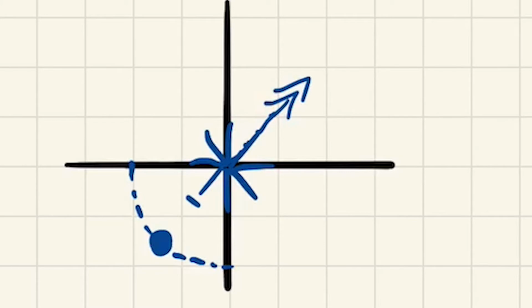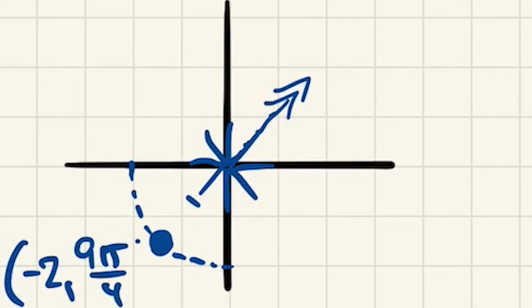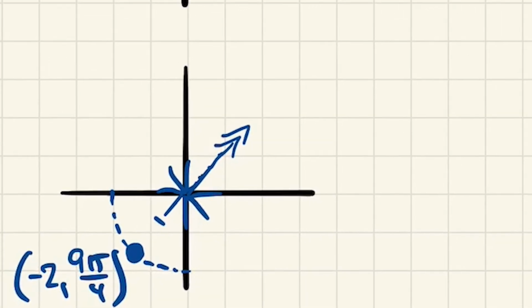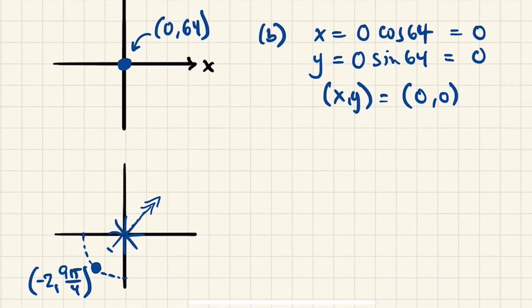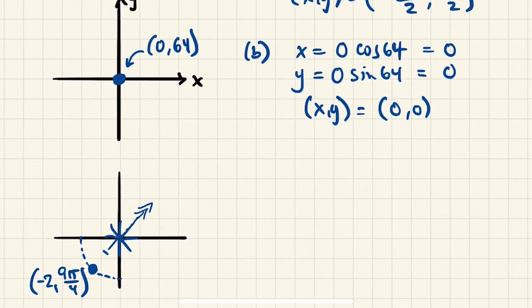So there's 1 unit, 2 units. So this would be negative 2, 9 pi over 4. Even though the direction 9 pi over 4 is a first quadrant angle, this actual point is in the third quadrant. Let's see that manifest using the formulas.